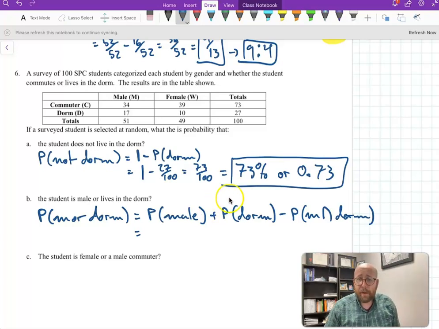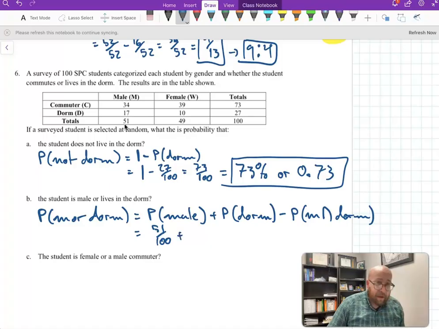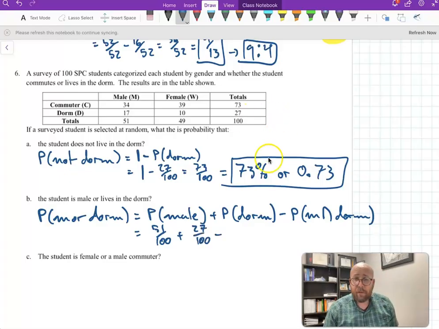Alright, so for the probability that you are male, we're going to take the total number of males surveyed. That's going to be 51 out of 100. Then, to find the probability that you're in the dorm, we'll take the total, which is 27 out of 100. And then we're going to subtract from that the total number of males who are in the dorm.